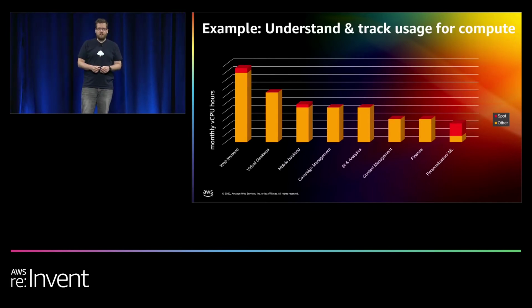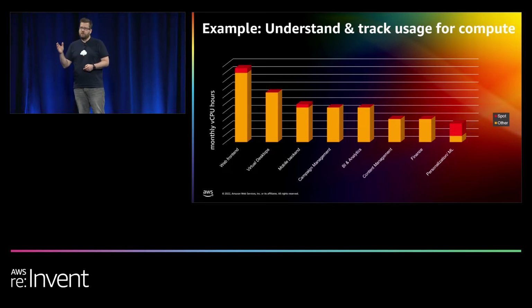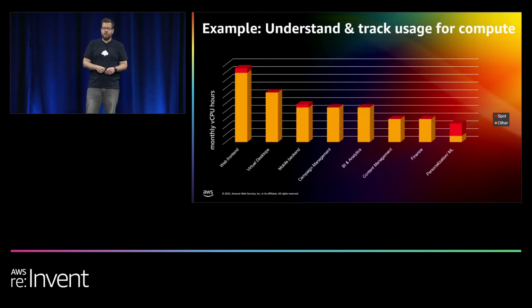This is an example for service use, how you can present it. These bars here are representing different applications, different application teams in your application landscape. And this data could be pulled just from the AWS Cost and Usage Report and then presented in Amazon QuickSight to build a dashboard and show it back to teams.